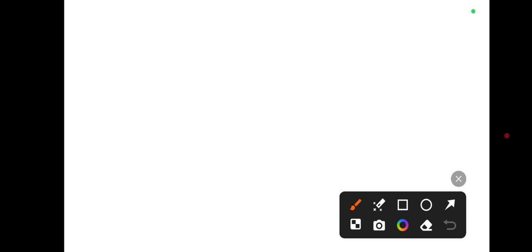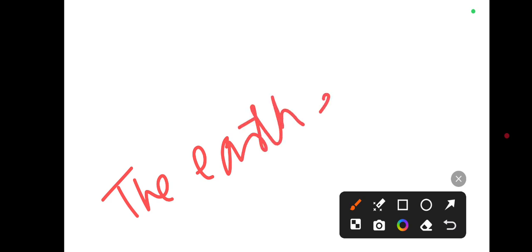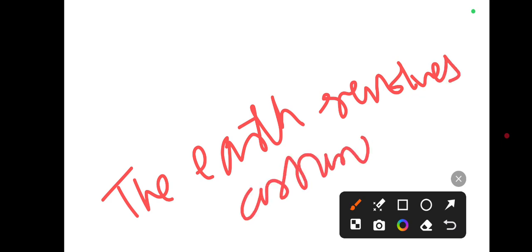I told you that simple present is used for habits and recurring movement. Recurring movement means, for example, the earth revolves around the sun. That is recurring movement.